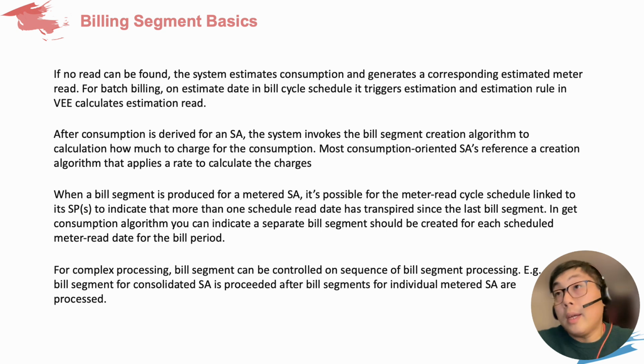For example, let's say we have a consolidated billing, and one of the scenarios I've seen before is you can define on the service agreement type that consolidated billing will have a later sequence, which means all the metered SA will be processed first, and then the bill segment on the consolidated SA will be processed afterwards, which collects all the information on the metered consumptions.